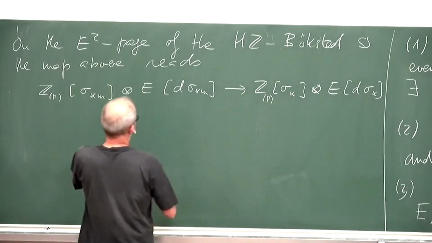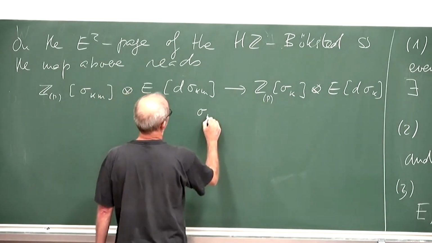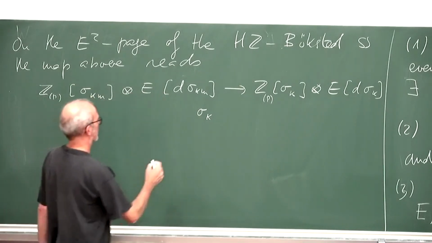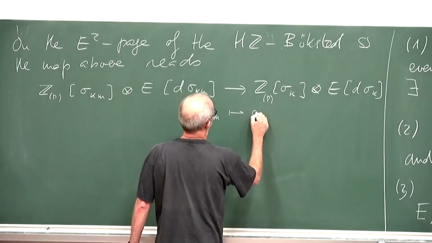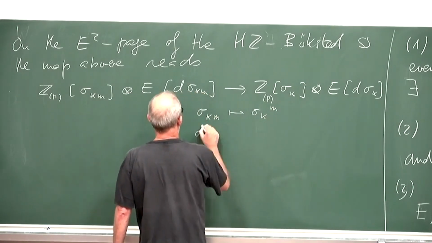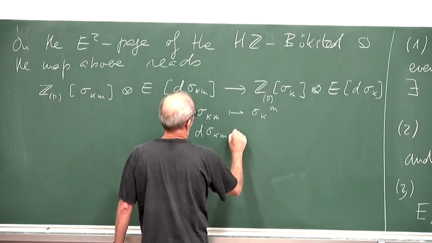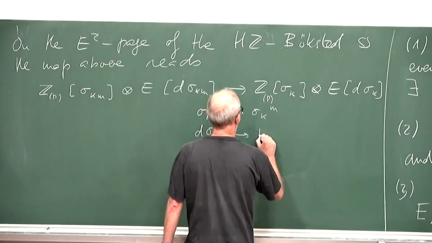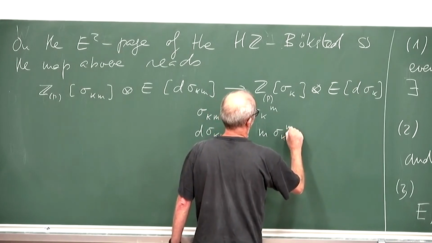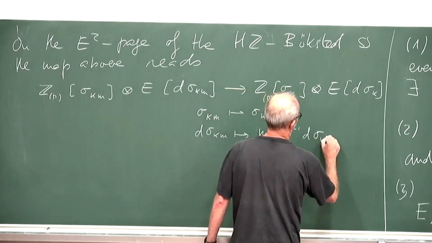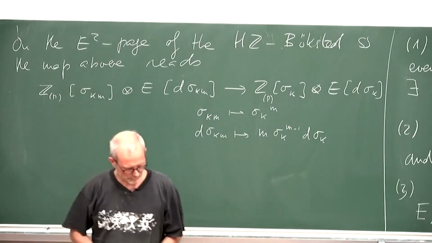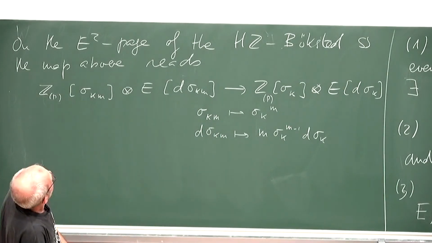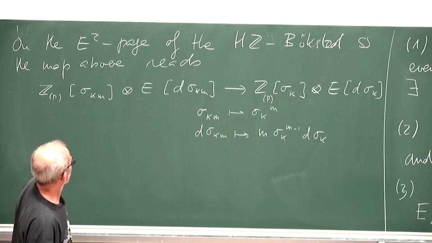And then here sigma kappa m and g is to map to. Okay, so if p is prime to m, then this is going to be an isomorphism.